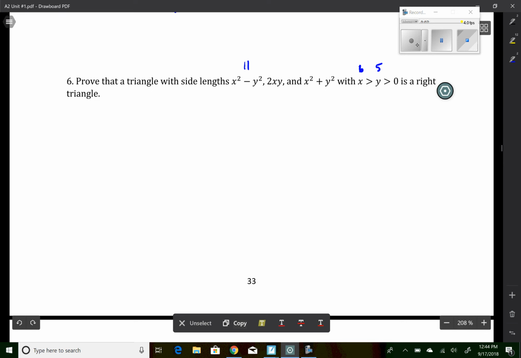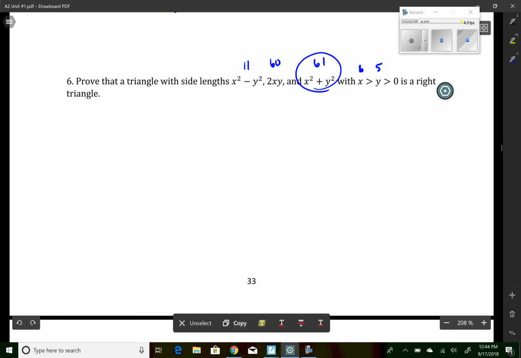This would be 2 times 30, so that would be 60. And this would be 25 plus 36, which would be 61. Making this the largest side.